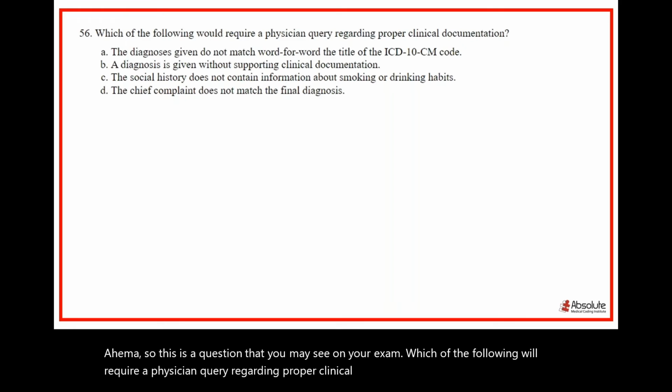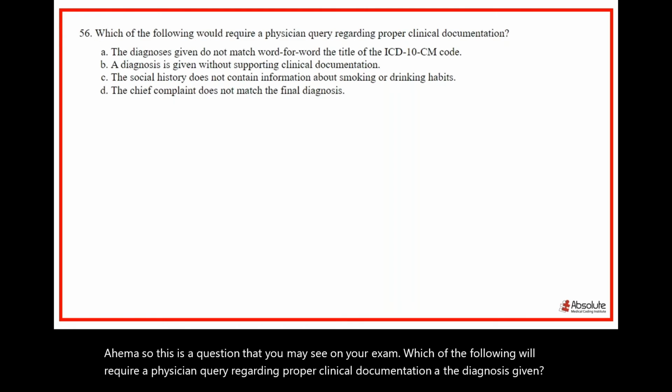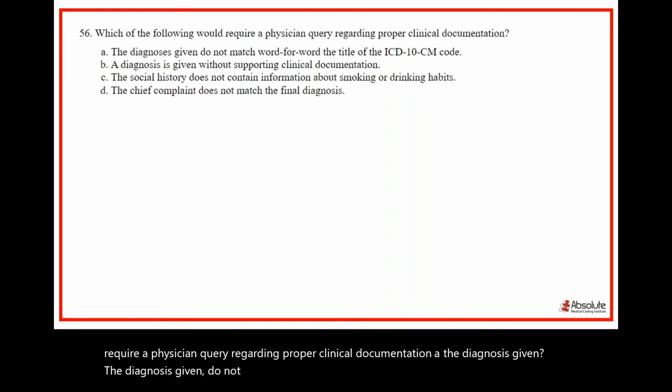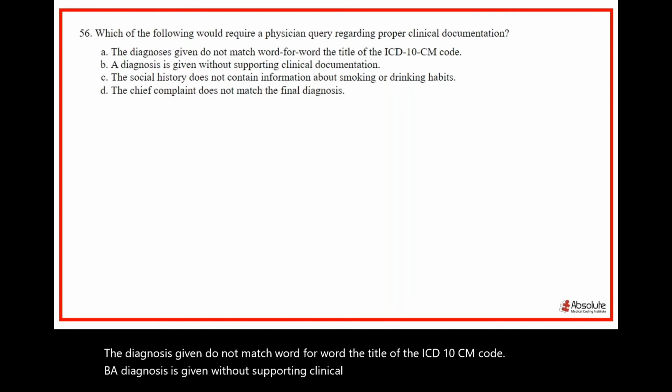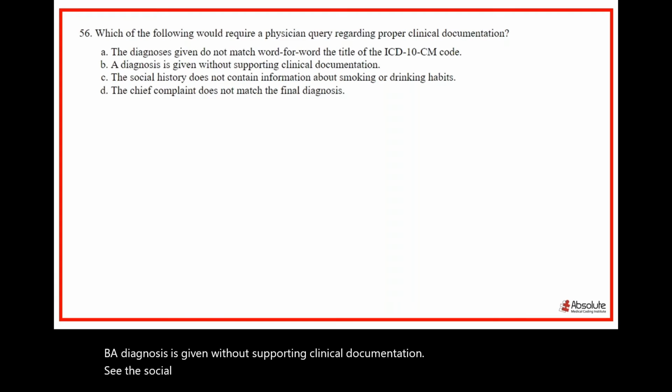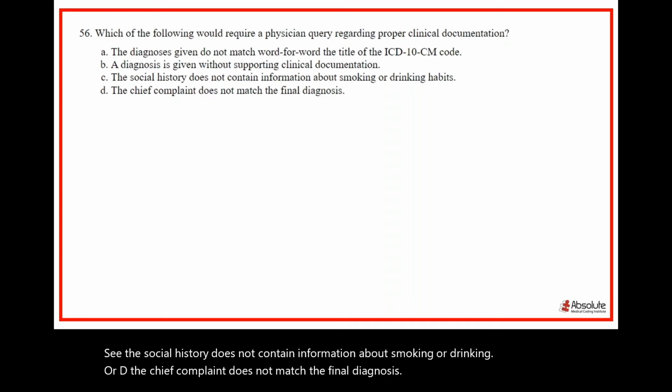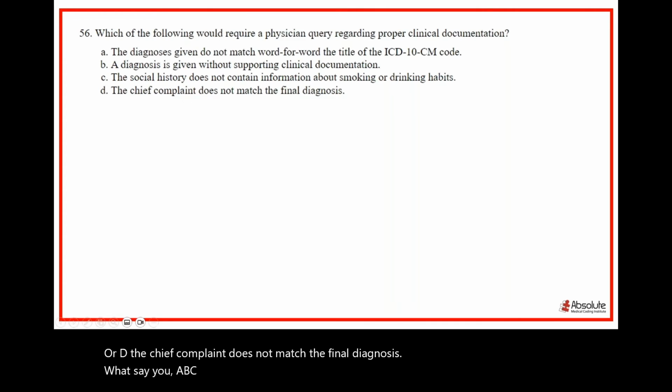A, the diagnoses given do not match word for word the title of the ICD-10-CM code. B, a diagnosis is given without supporting clinical documentation. C, the social history does not contain information about smoking or drinking. Or D, the chief complaint does not match the final diagnosis. What say you? A, B, C, or D?